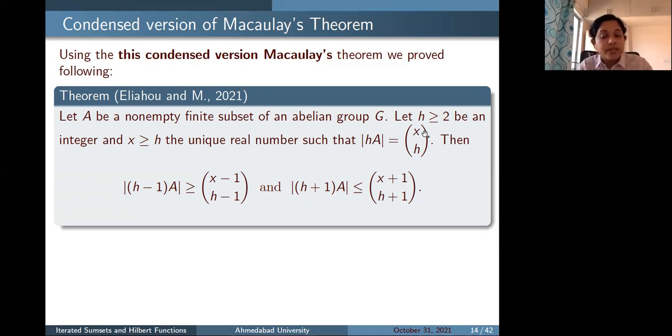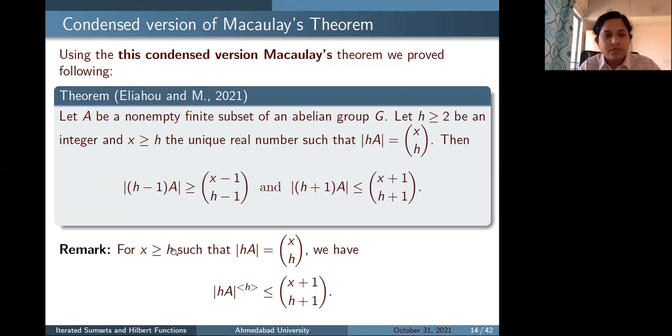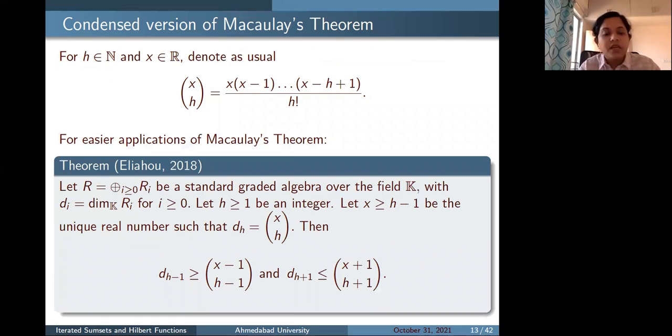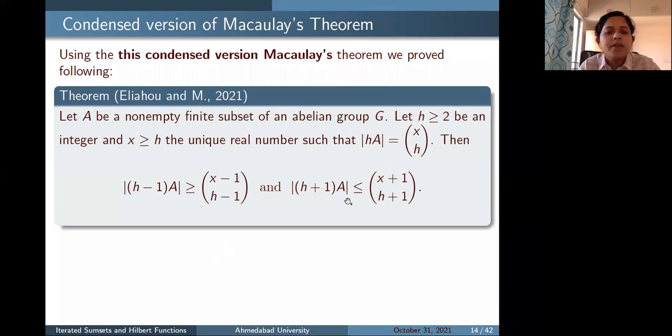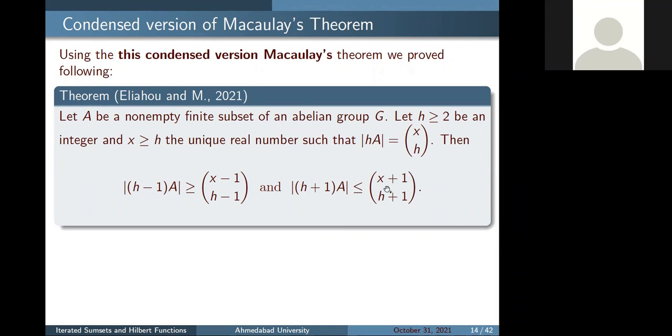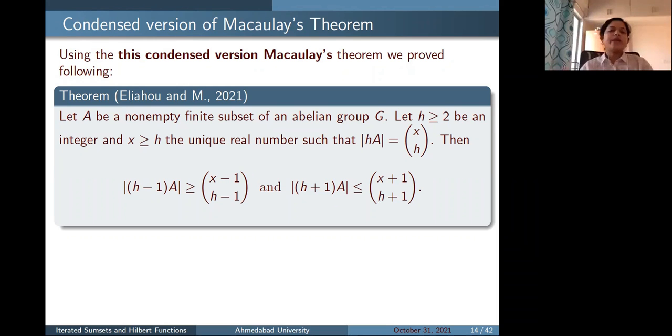If x is the unique real number, then we can conclude that the cardinality of (h-1)A is greater than or equal to binomial (x-1 choose h-1). So you can see that here I'm just replacing d_{h-1} by the cardinality of (h-1)A. And for the cardinality of (h+1)A, I consider the upper bound, which is binomial (x+1 choose h+1).